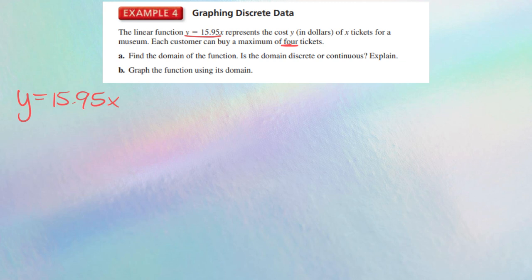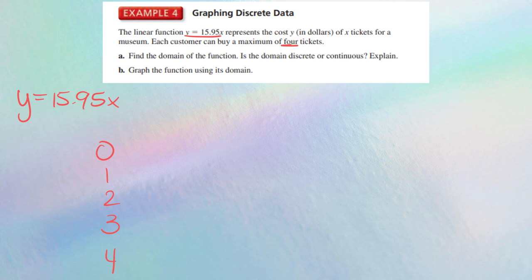But what's the maximum that you can buy? 4. So we're going to have what? Do we have to buy tickets? No, right? So we're going to start at 0. Okay, we're going to start at 0, and we're going to have 1, 2, 3, and 4, because 4 is the maximum.